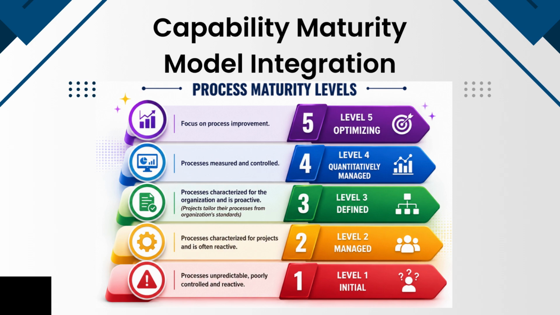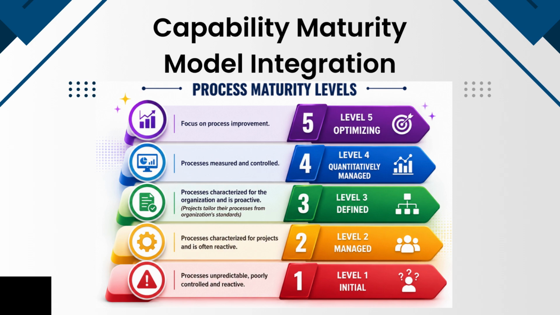The third level is Level 3, which is the Defined level. At this stage, the organization has well-documented and standardized processes that are used consistently across the organization. Employees follow the same standard procedures, although these processes can still be tailored to meet the specific needs of different projects. This helps improve consistency, quality, and efficiency.